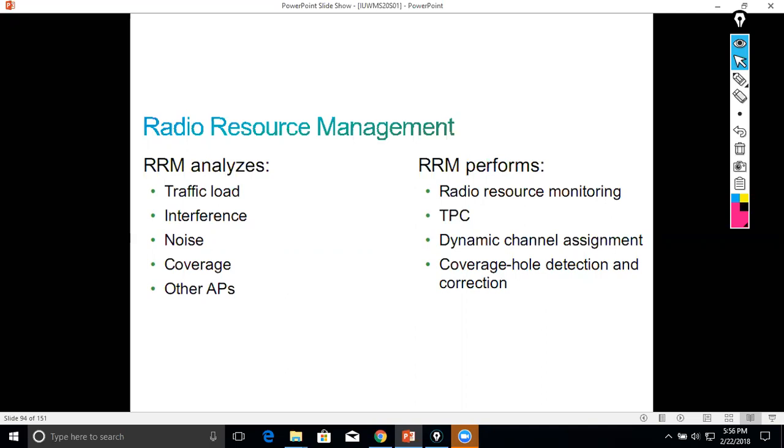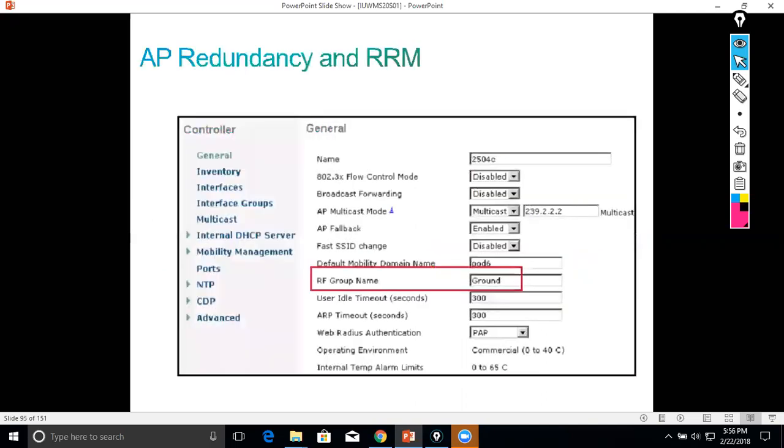If at any point an AP fails, it increases the power of the neighbor APs and tries to cover 60 to 70% of the area not covered due to the AP failure. This is how RRM analyzes and performs.